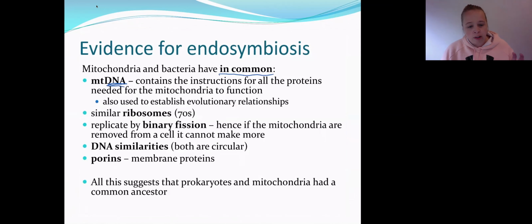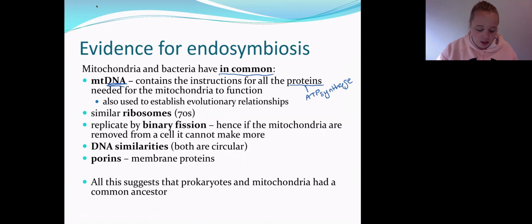And what that DNA has in the mitochondria, so you can say mtDNA, you can write mtDNA or you can just write DNA, is we found that mtDNA has instructions for proteins that the mitochondria need. So one of the proteins that the mitochondria need, if you can think about it, it has the instructions for how to make ATP synthase, which makes sense because that's within the mitochondria.